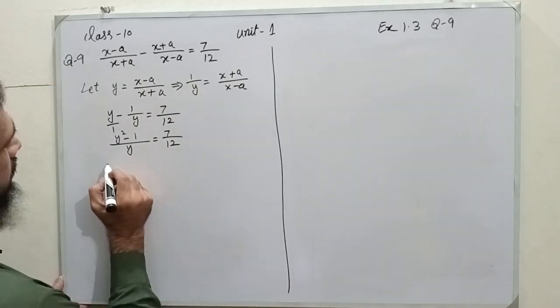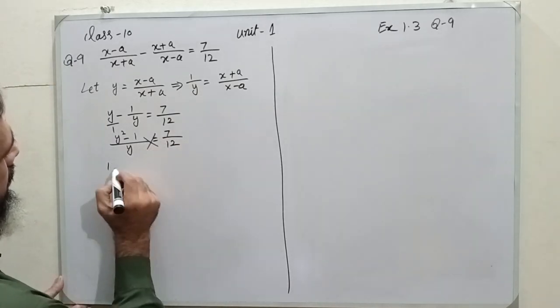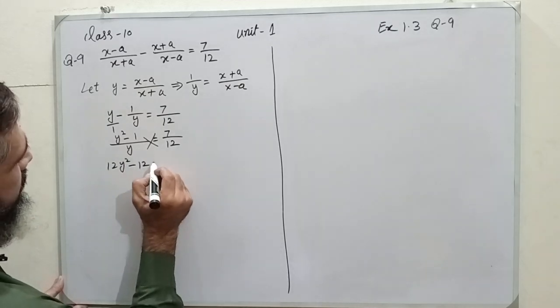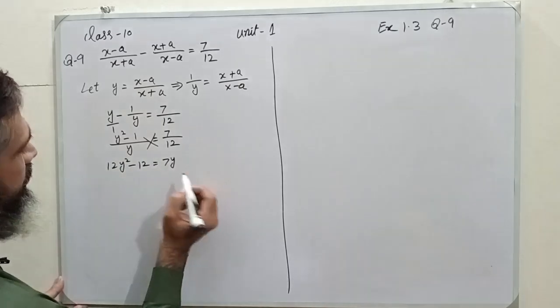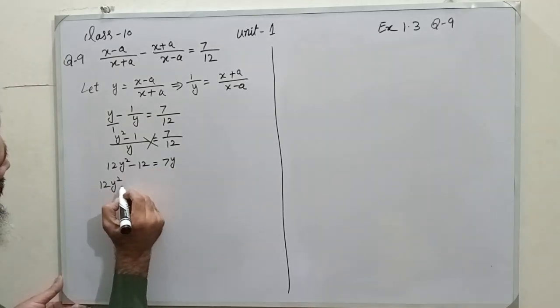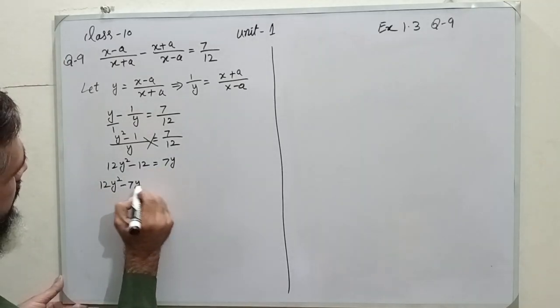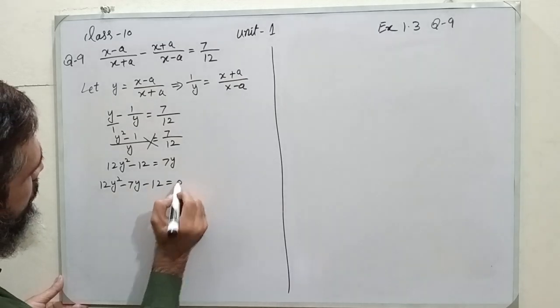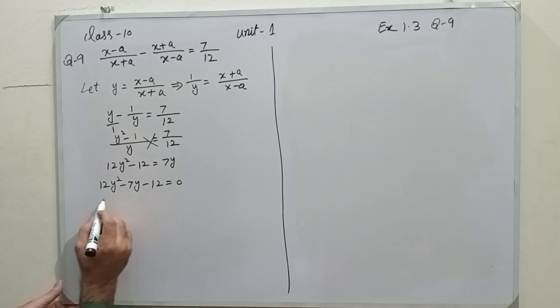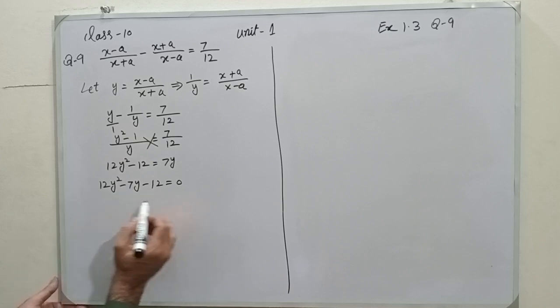We use cross multiplication method. Here 12y square minus 12 is equal to 7y. So here 12y square minus 7y minus 12 is equal to 0. This one is the standard quadratic form.